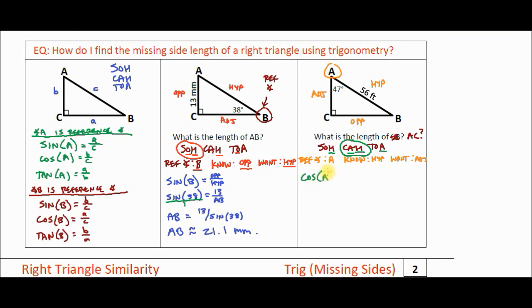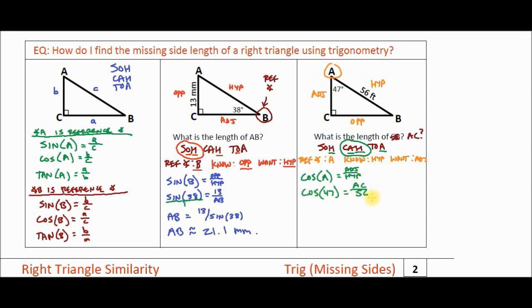Cosine of angle A is equal to, now cosine is adjacent over hypotenuse. Okay, let's plug in what we know. Cosine angle A is 47 degrees is equal to, adjacent is what we don't know, that's AC. Hypotenuse we know, 56. All I got to do now, class, is get AC by itself.